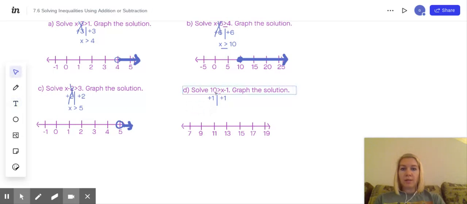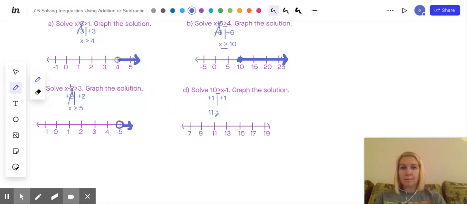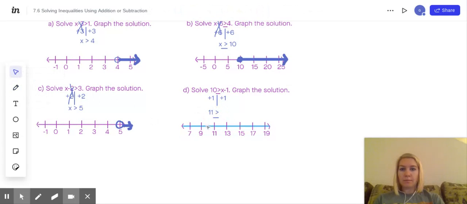Okay, let's look at the left side of our inequality. 10 plus 1 is 11. 11 is greater than or equal to, and then let's look at the right side.